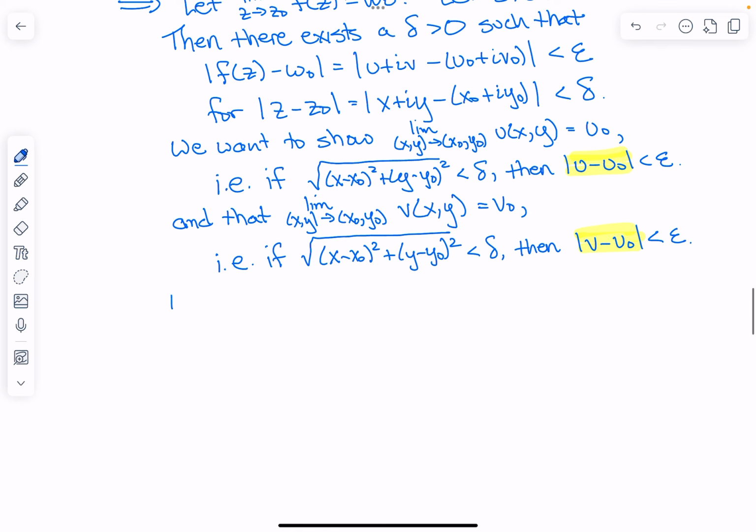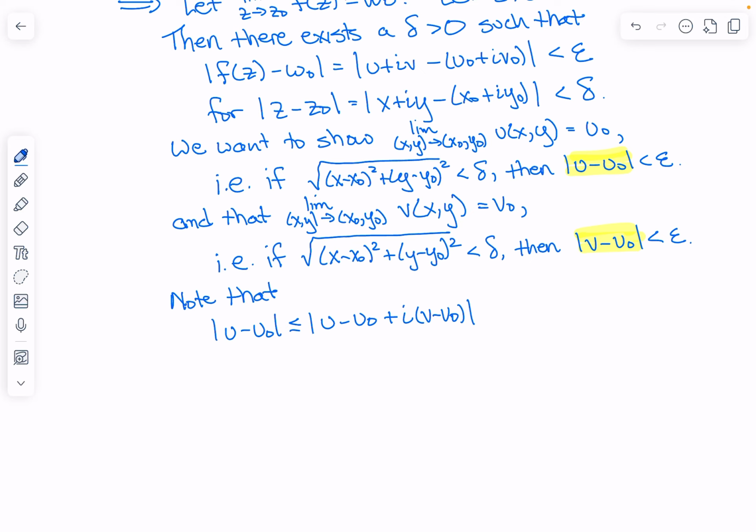So let's note that the distance between u and u0, or the absolute value, can be written as, or is less than or equal to, the complex distance of u minus u0 plus i times v minus v0.